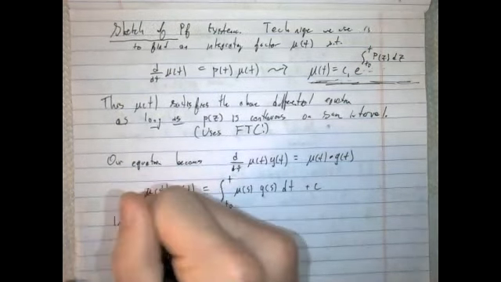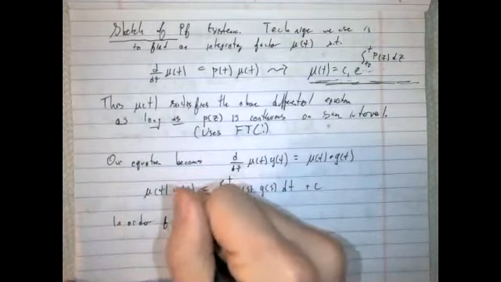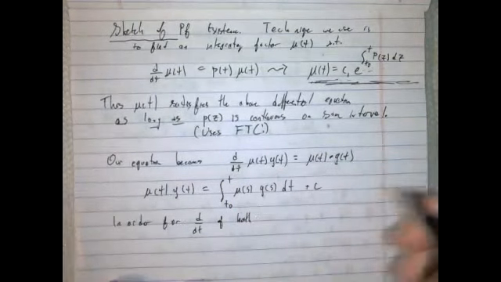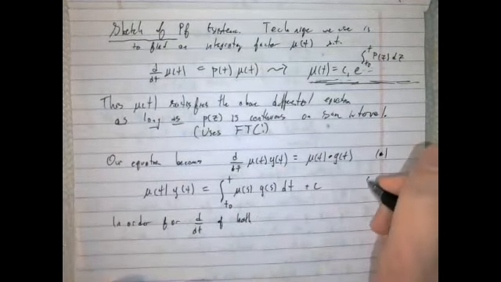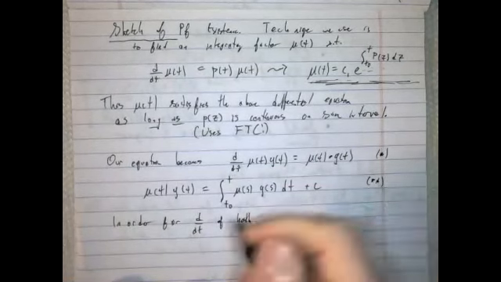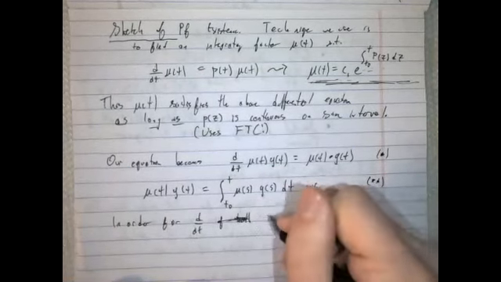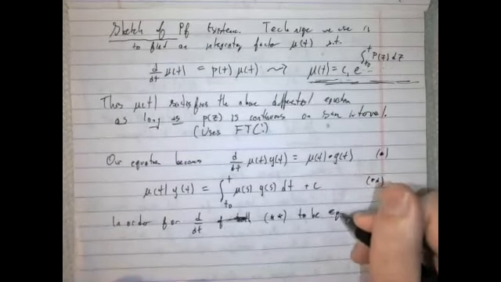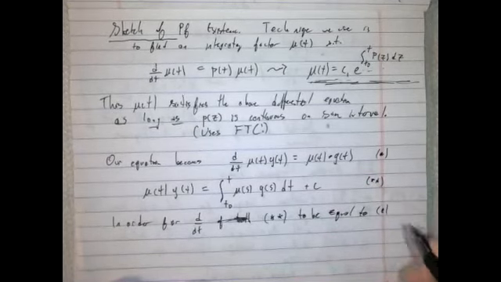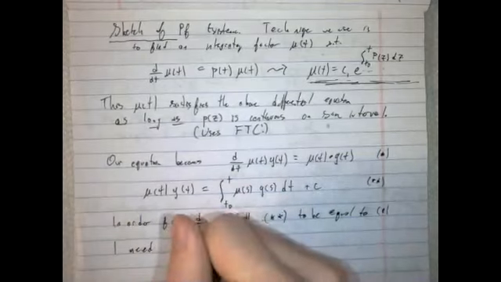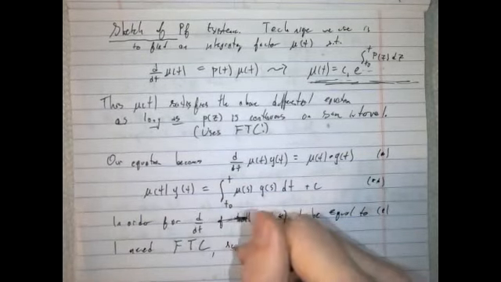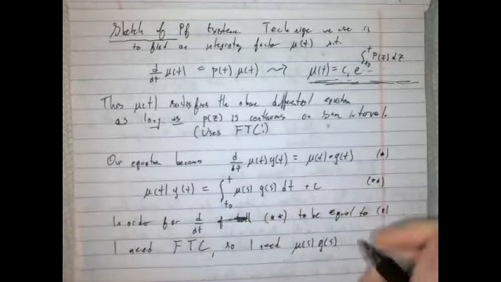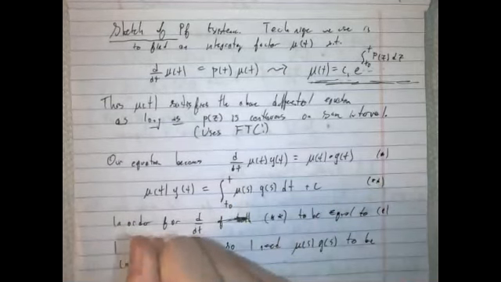So in order for d over dt of both sides, so maybe I'll write this as star and star star, in order for d over dt of star star to be equal to star, I need FTC, so I need mu of s, g of s to be continuous on an interval.